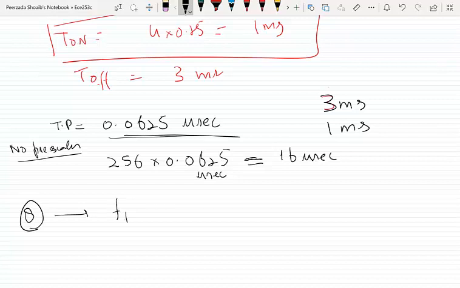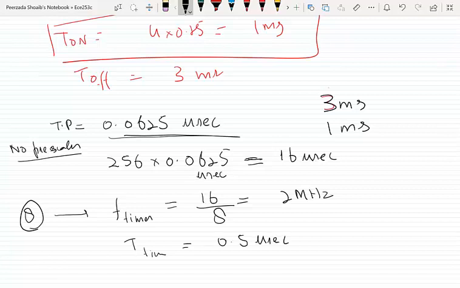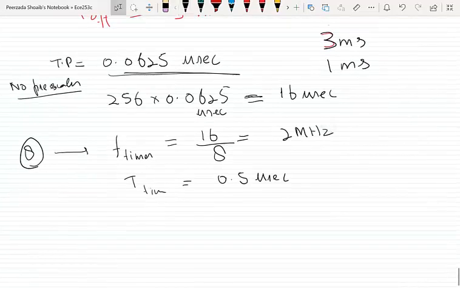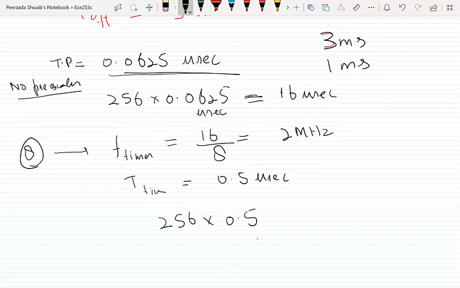F timer will be F crystal, that is 16 megahertz divided by 8, that means 2 megahertz. So the time period of the timer will be 0.5 microseconds. The maximum time delay that I will get will be 256 into 0.5 microseconds.